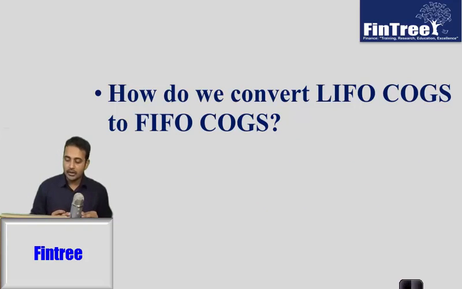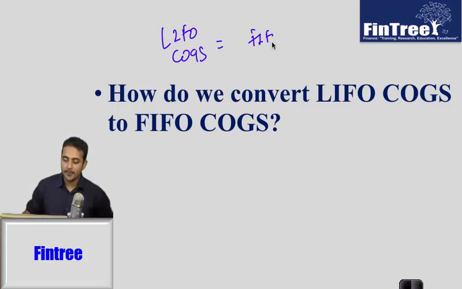How do we convert LIFO COGS to FIFO COGS? So LIFO COGS is equal to FIFO COGS plus increase in LIFO reserve.